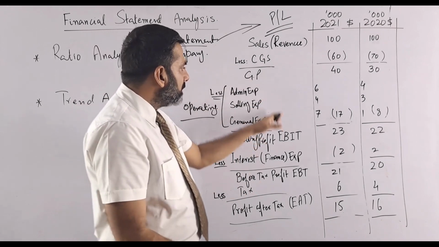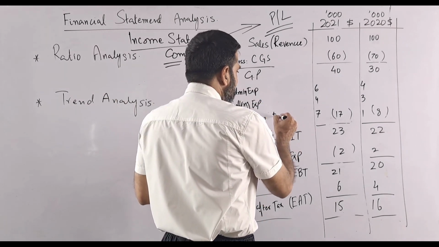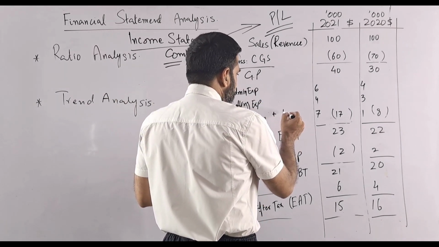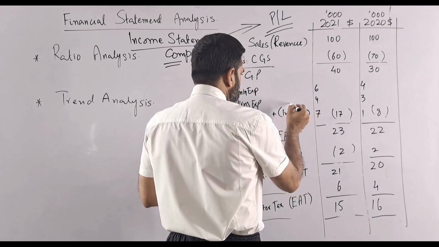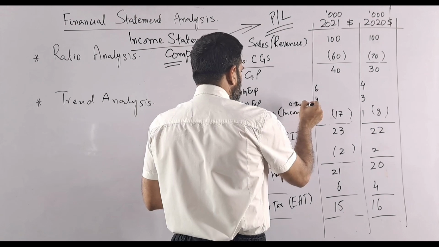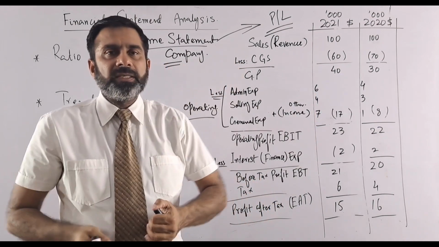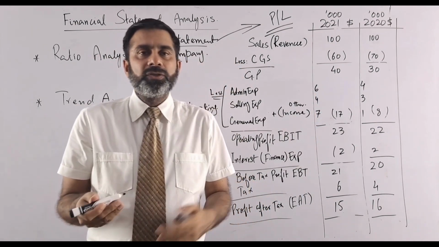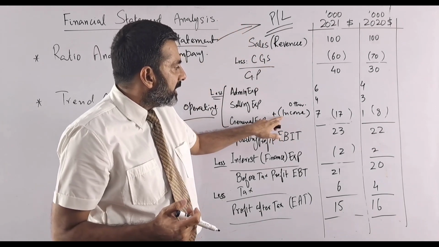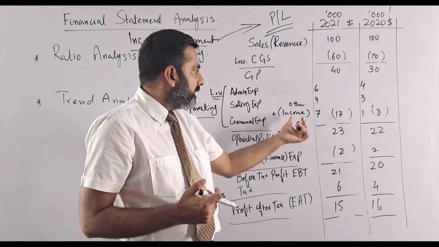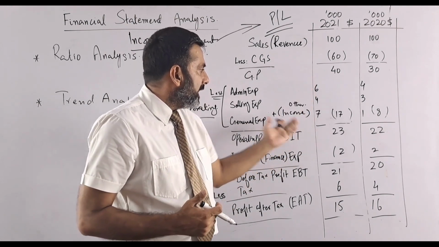When we deduct all these, there may also be other income, from sources which are not the main source of the company. If they are generating any such revenue, the other income should be written here.